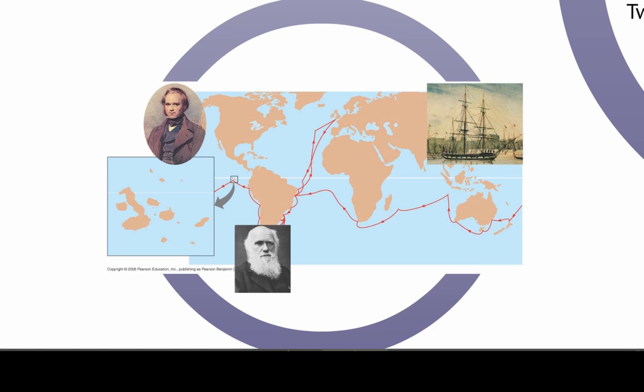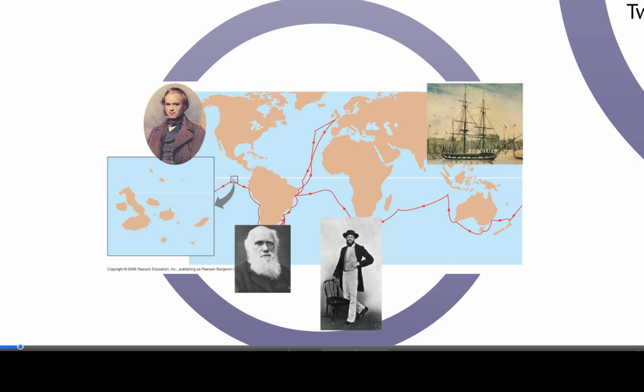This is Darwin as a much older man when he actually did his publishing. This is Alfred Wallace, and this is sort of an interesting story. This is where the personalities of the time affect the science. So Alfred Wallace was doing work over in this part of the world, and he was making many of the observations that Darwin had made as a younger man.